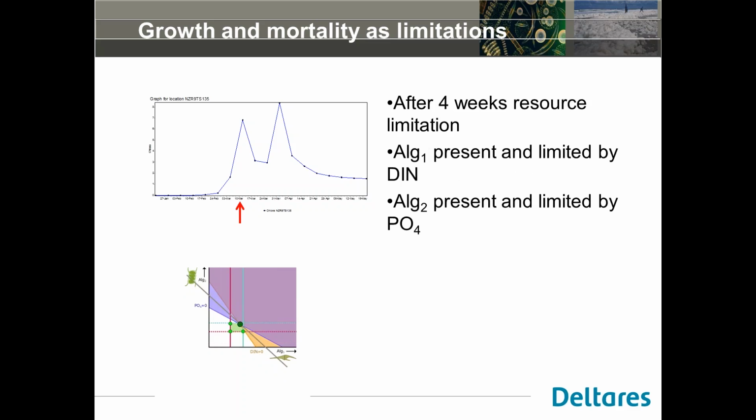So now we have resource limitation: algal 1 is present and limited by dissolved nitrogen, and algal 2 is present and limited by phosphate. I will not show it, but you can imagine that mortality limitations delimit the disappearance rate in a similar way to growth, because it also takes time to get rid of the entire biomass.